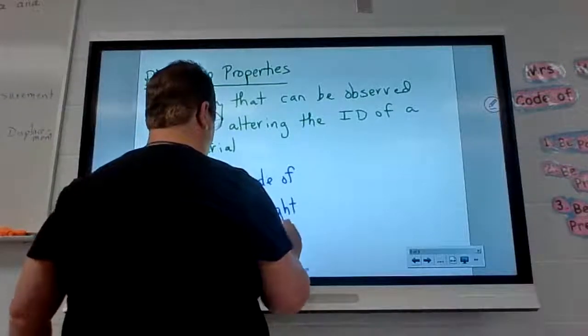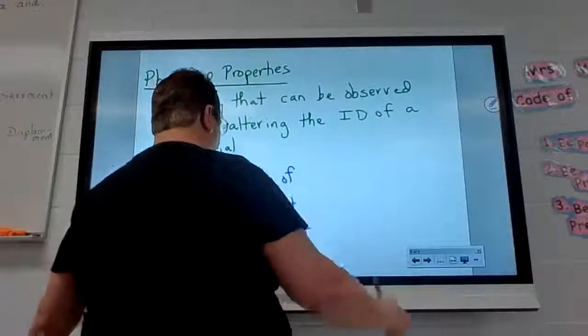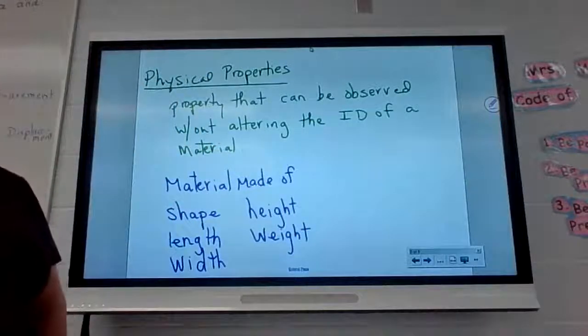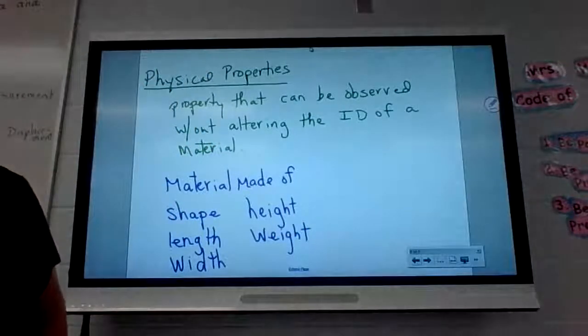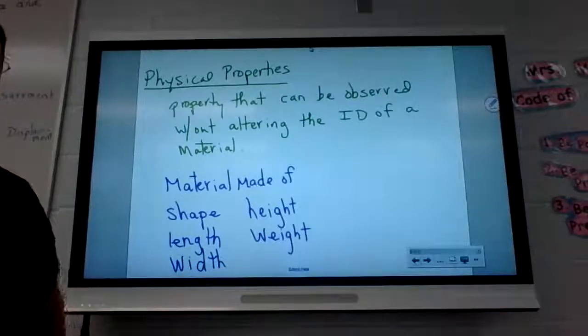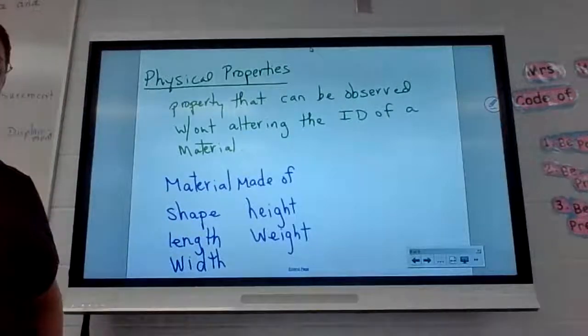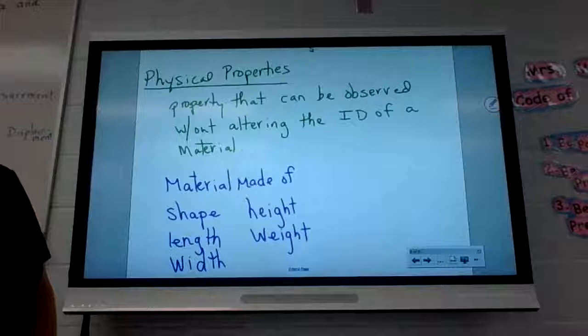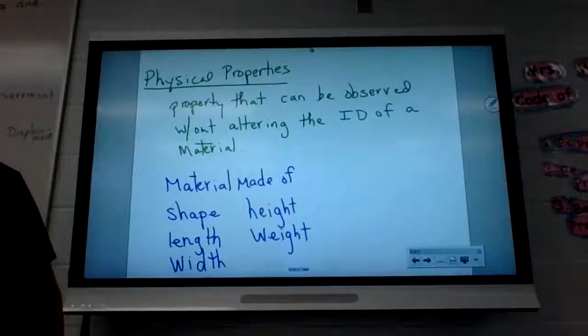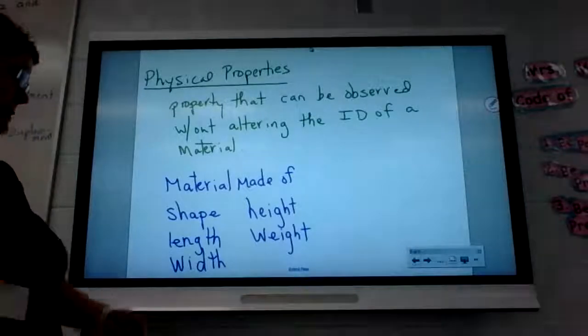What else can you tell me about the desk? Describe the desk if you were describing it to somebody across campus. How else will you describe it as big? What else would say to you it's big? Mass.